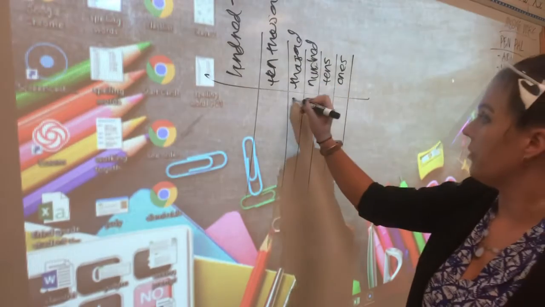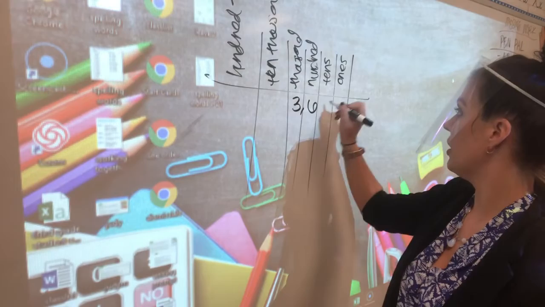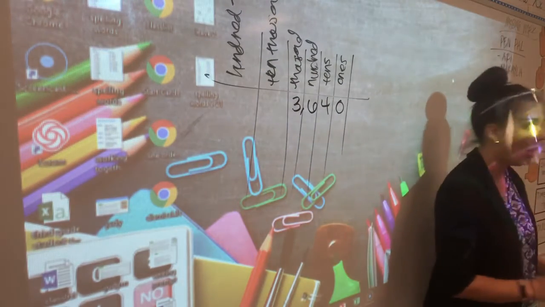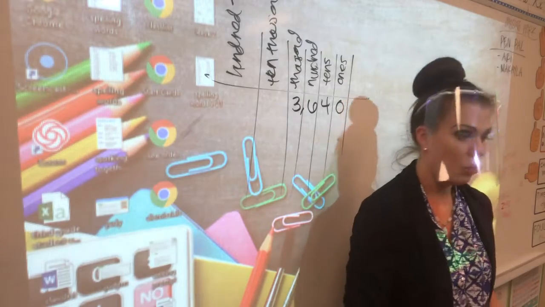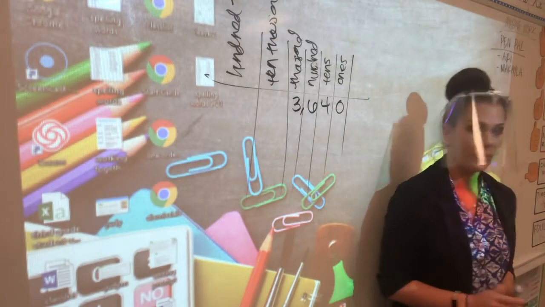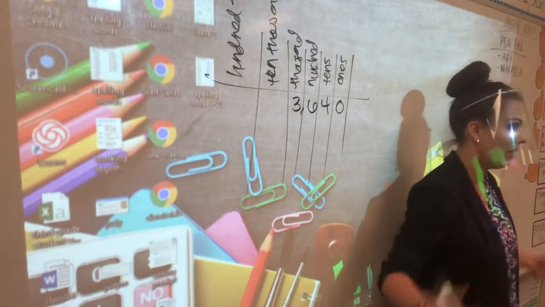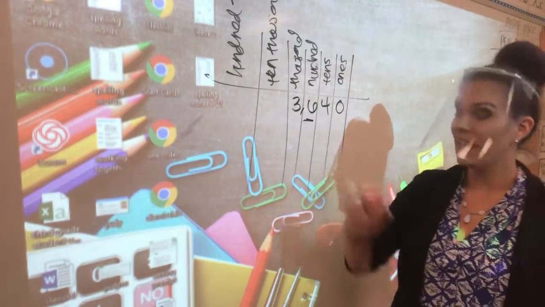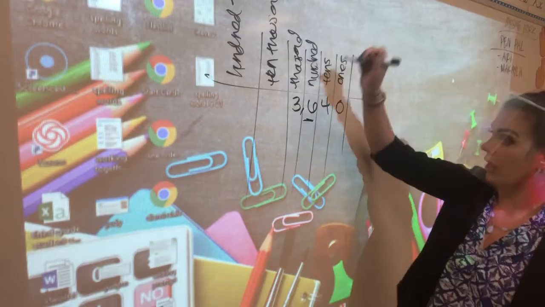So if I have 3,640 and I'm rounding to the 100 place value, what number is in the 100 place value? Let me hear everybody. 6.